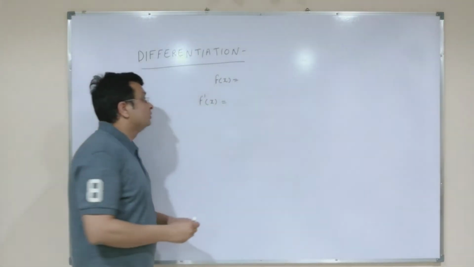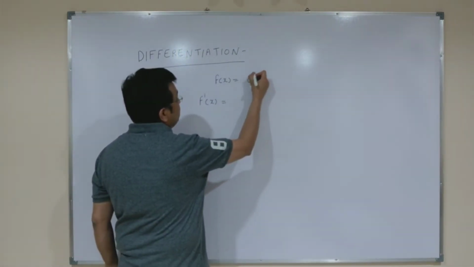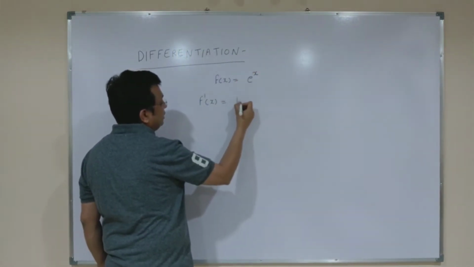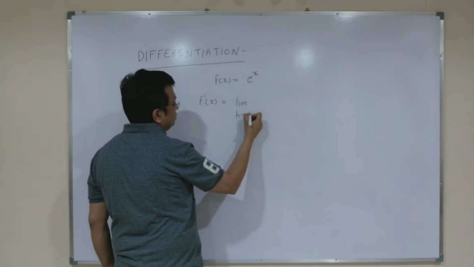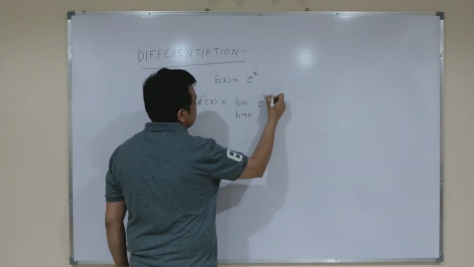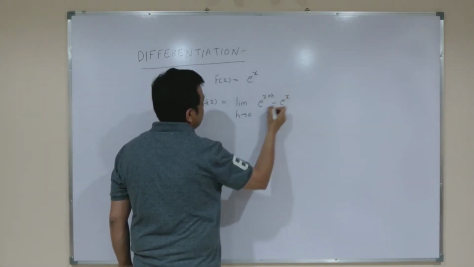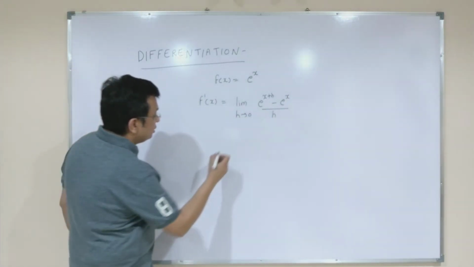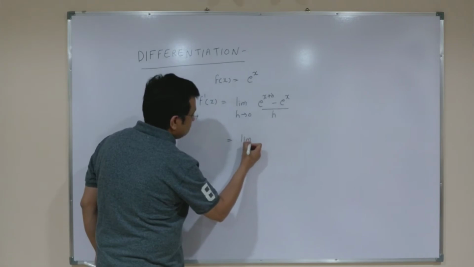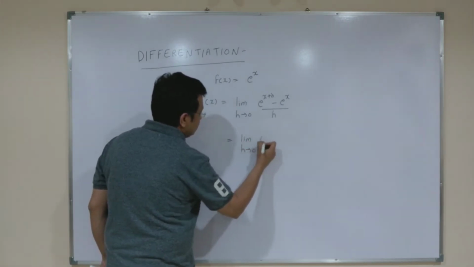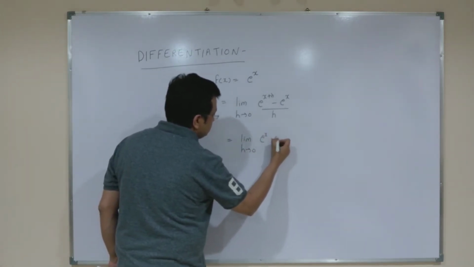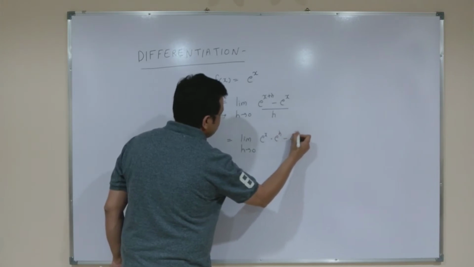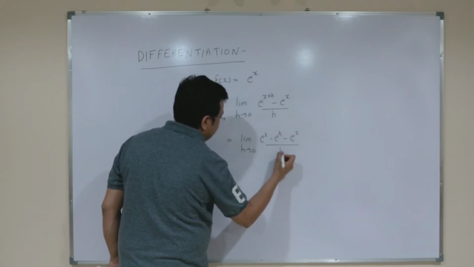Next, let's take one more example: e raised to power x. Now, limit h tends to 0 of e raised to power (x plus h) minus e raised to power x upon h. So, limit h tends to 0 of e raised to power x into e raised to power h minus e raised to power x upon h.